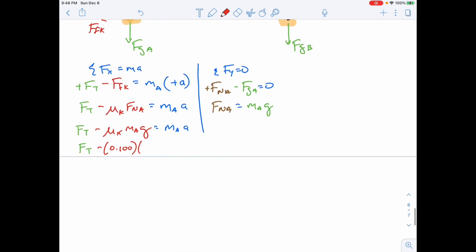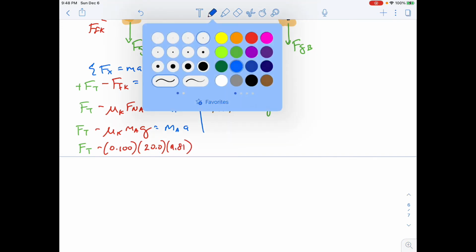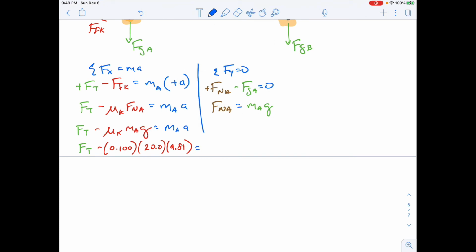So mass A, we said, was hanging. No, mass A is not the hanging mass. Mass B is the hanging mass. So this is the, oopsie, this is the 20 times 9.81 equals 20.0 times A. And you can go and solve this and get a final statement with just some numbers.